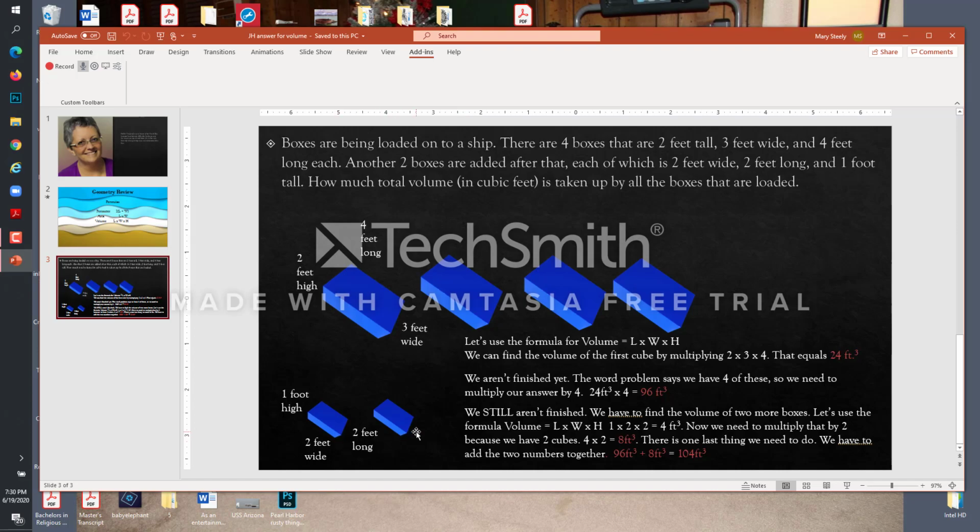So 4 feet cubed times 2 equals 8 feet cubed. Now there's one last thing we need to do. We've got our answer for the big boxes, we've got our answer for the smaller boxes, or they're actually rectangles, I'm sorry. You have to add the two numbers together. So 96 feet cubed plus 8 feet cubed equals 104 feet cubed. And that is our final answer.